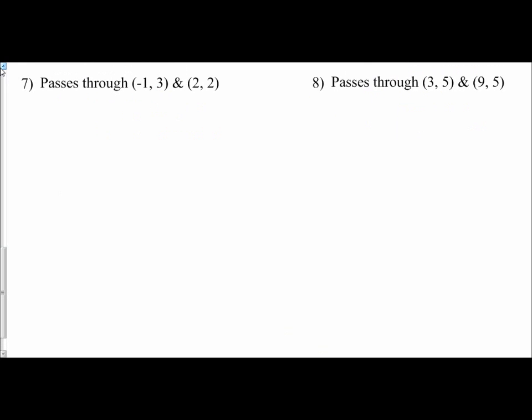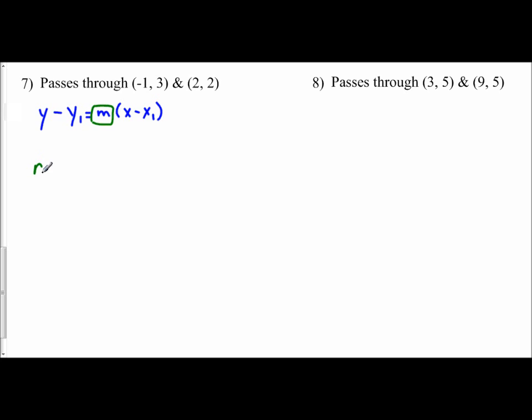For example 7, what I'm going to do is use my point slope form. I want to know the equation of a line that passes through (-1, 3) and (2, 2). So I have y minus y1 equals m times x minus x1. If I'm using point slope form, I need a point, x1, y1, which I'm given, and I need a slope. But I'm not given a slope from this. I'm given 2 points, so that tells me I need to find my slope.